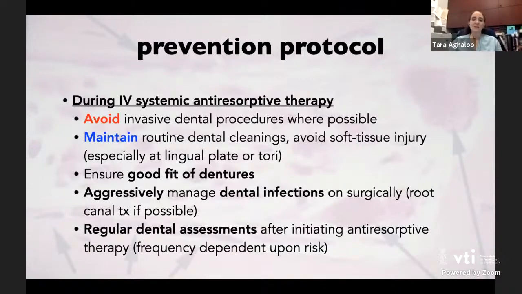So some of our job as oral surgeons is to educate the dentists out there, especially the ones who maybe haven't learned about this either in dental school or in their continuing education courses, that maintenance dental therapy is so important, and even more important in patients who are on this medication, because we don't want them to need extractions. We want to ensure that their dentures fit well, because certainly a denture that's rubbing on the tissue can cause an exposure and an opening, and then we're going to have an ONJ situation.